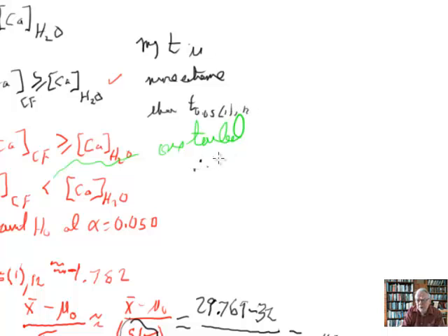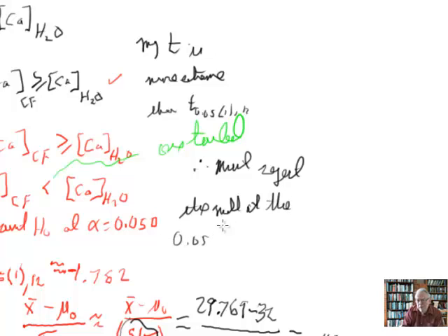Therefore, I must reject the null hypothesis at this 0.05 level of significance. In other words, my thesis is supported.